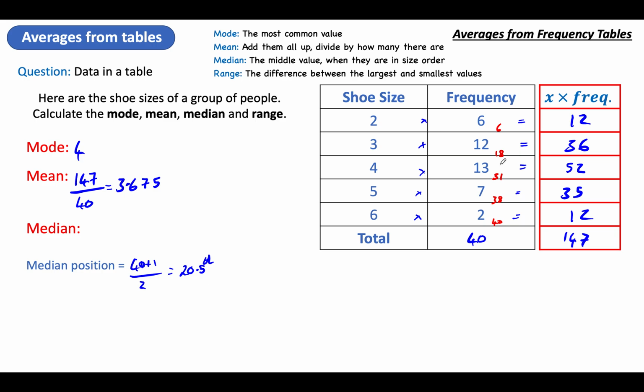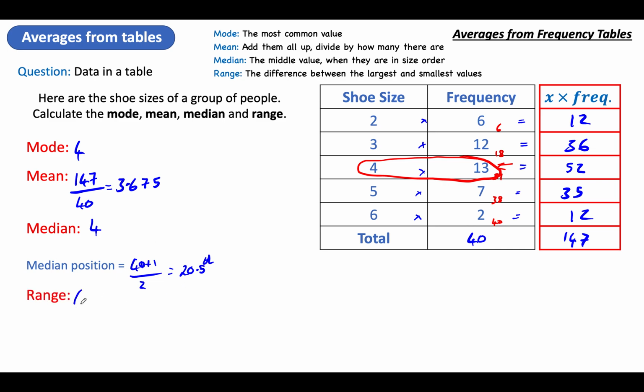The 19th is in this one, the 20th is in this one, the 21st, all the way up to the 31st. The person we're after is in this category, whichever way you look at it. And so the median shoe size is 4. Size 4. Okay?